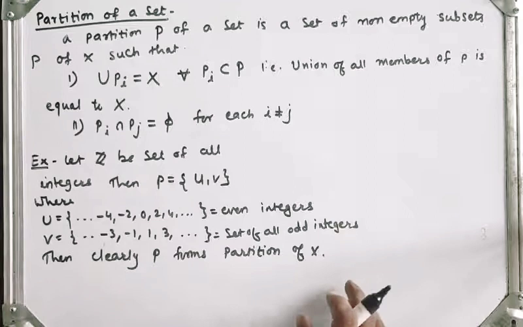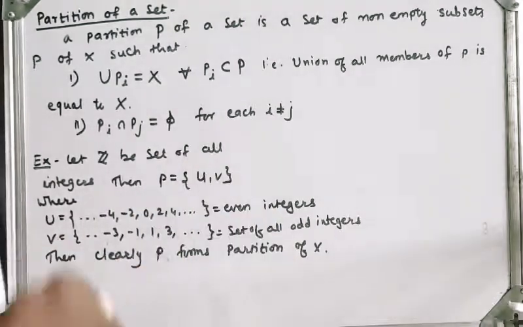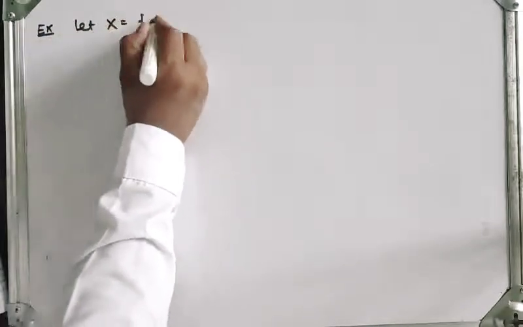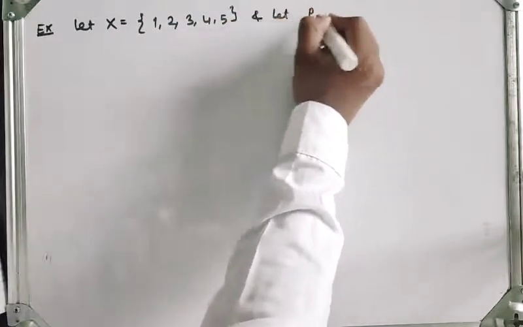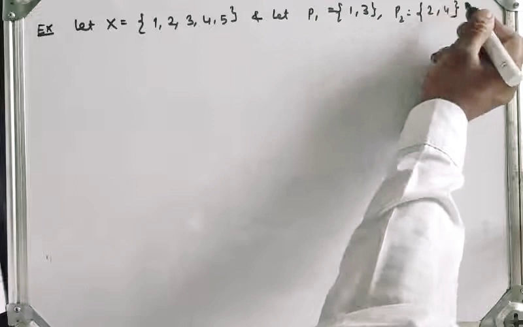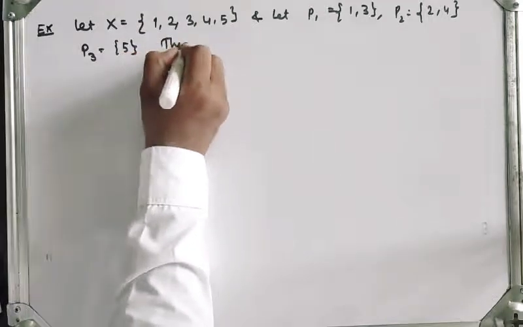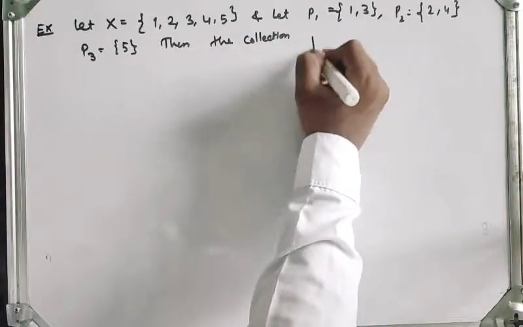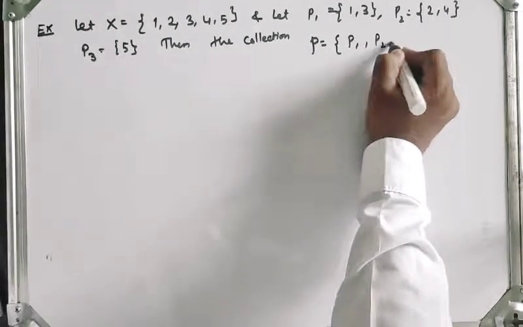Now next we will see a theorem. Next example: let the set X be {1, 2, 3, 4, 5}, and let P1 be {1, 3}, P2 be {2, 4}, P3 the singleton {5}. Then the collection P is {P1, P2, P3}.